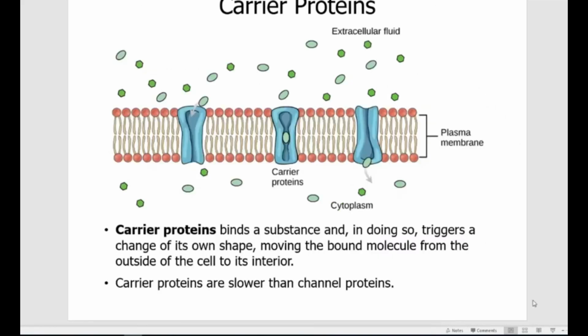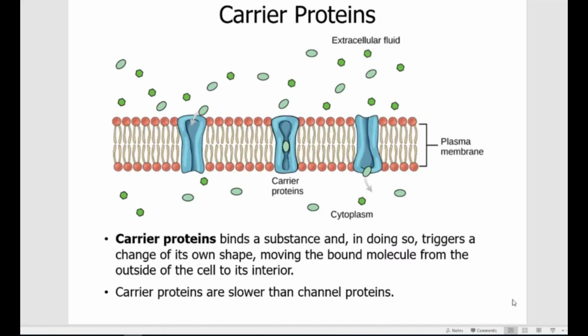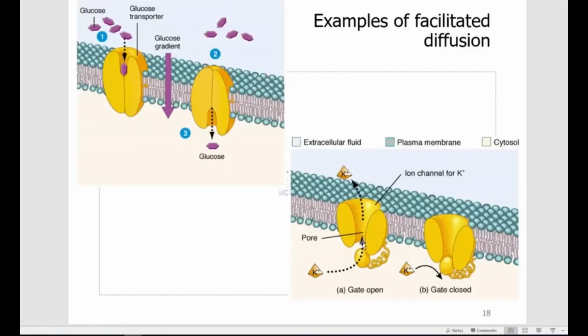This is a carrier protein. So it's very, very similar. They can bind to a substance, and then this will trigger a change of its own shape. And when the shape changes, it will move the molecule to the other side of the cell. Okay, so this is how it transports polar molecules. So this is very similar.